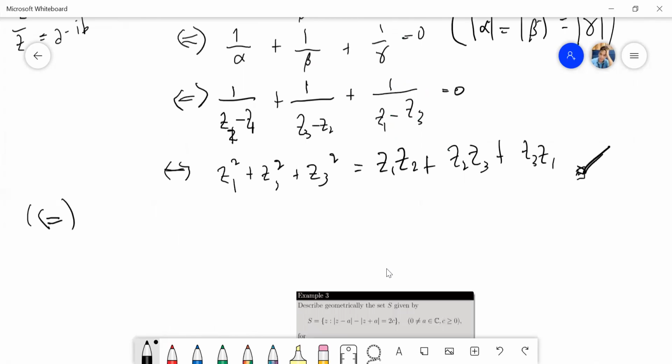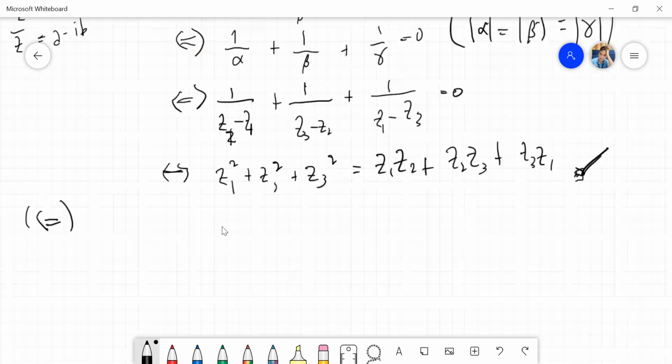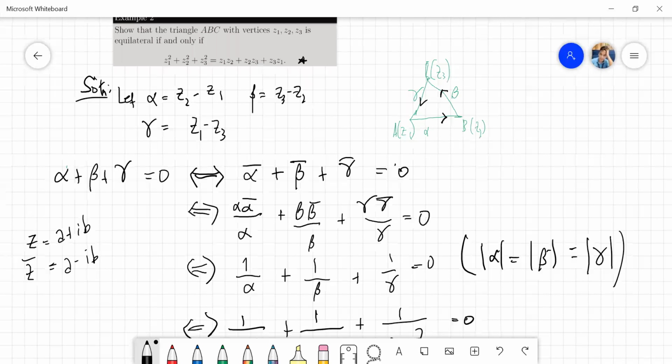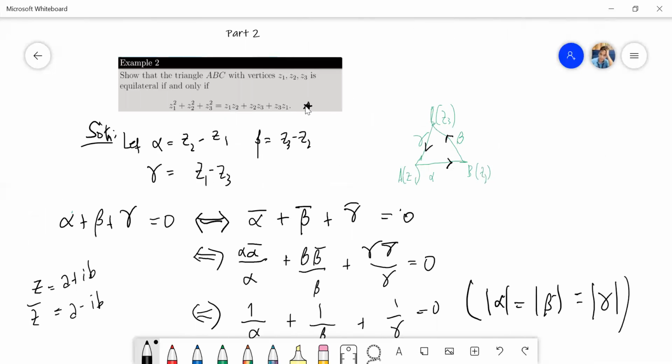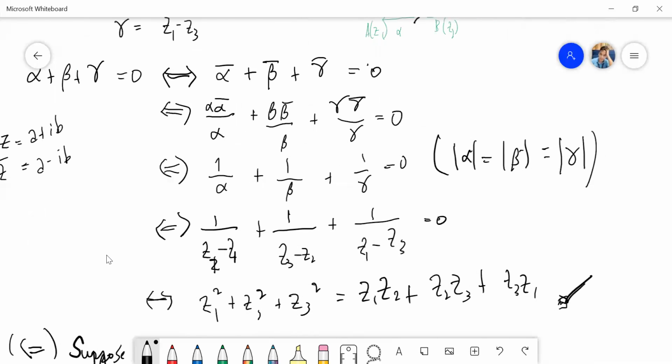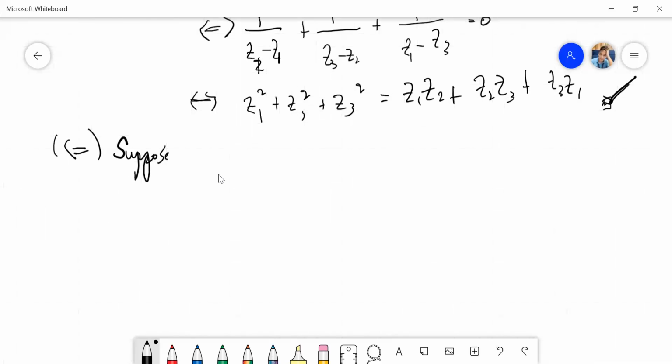Now to prove that, suppose this holds. I just label it star, so I'll write: suppose the star holds.